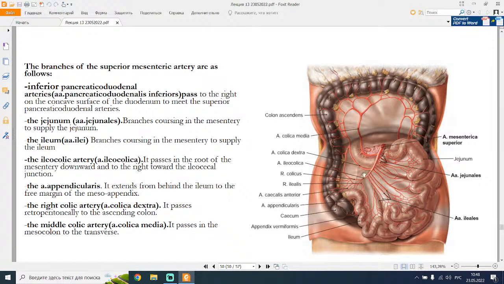Next, arteria ilialis, whose branches run in the mesentery to supply the ileum.